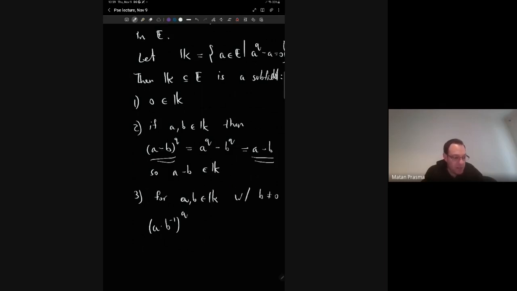I want to show that it's again an element in K. So I raise it to the power of q. If I raise it to the power of q, it's the same as doing a to the q times b to the q, to the minus 1. And since a and b are in K, namely roots of the polynomial f, this is simply a times b to the minus 1. So I get that a times b to the minus 1 is again an element in K.